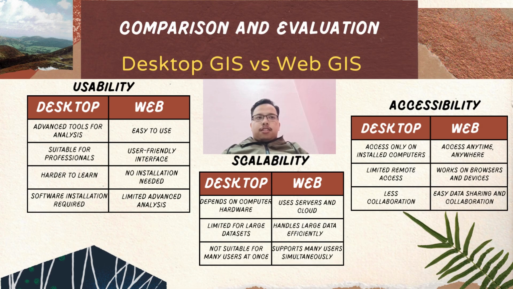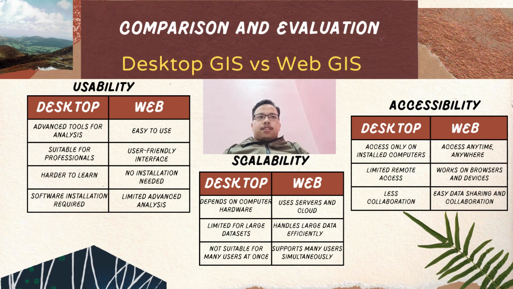It can efficiently manage large spatial datasets and support multiple users at the same time. Cloud-based platforms allow system resources to be adjusted based on user demand, making WebGIS more suitable for large organizations and public access.